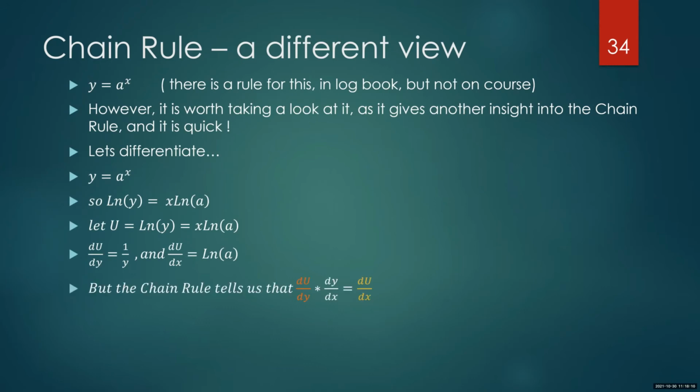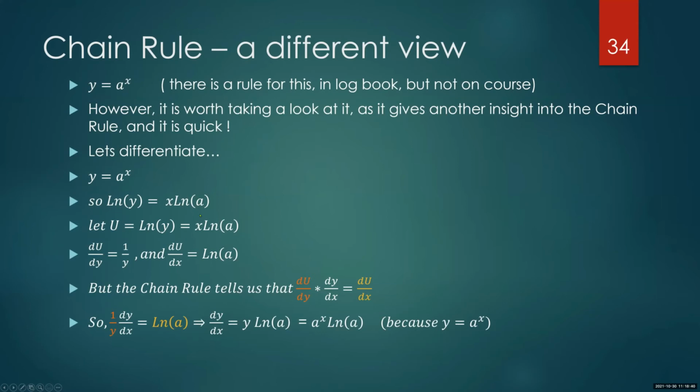Moving on from that now, the chain rule tells us that du dy by dy dx is equal to du dx. And so 1 over y dy dx is equal to the natural log of a. So therefore, dy dx is equal to y times the natural log of a. And that's equal to a to the power of x times the natural log of a, because y is equal to a to the power of x.